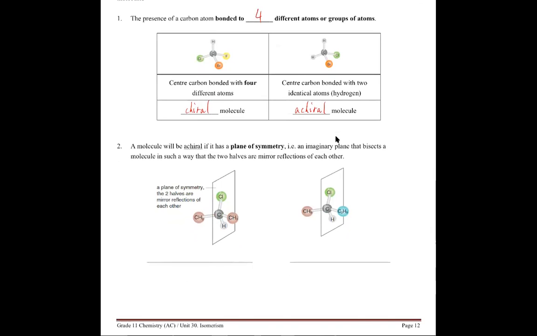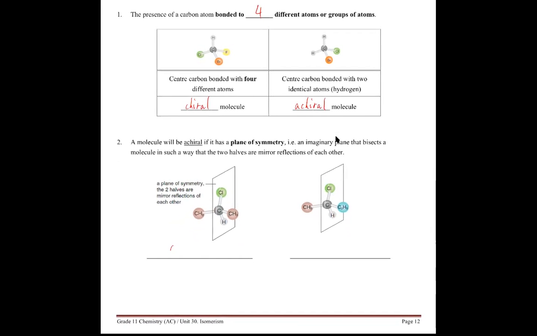And then if we take a look at the next one on the right hand side, this central carbon is bonded to 4 different groups.